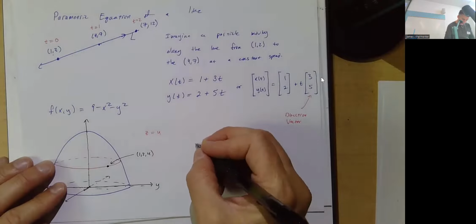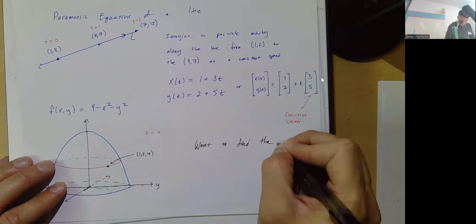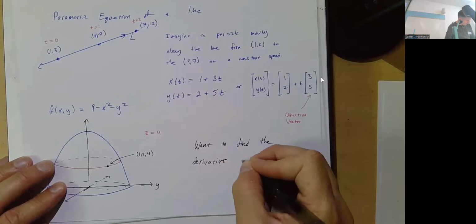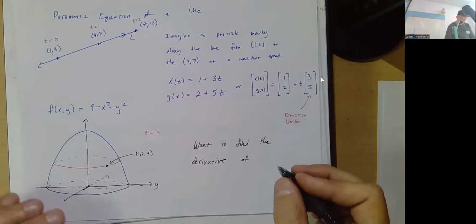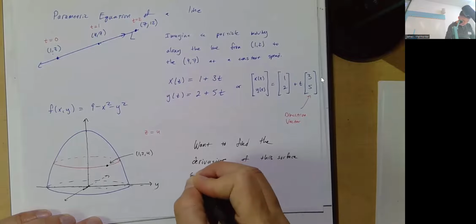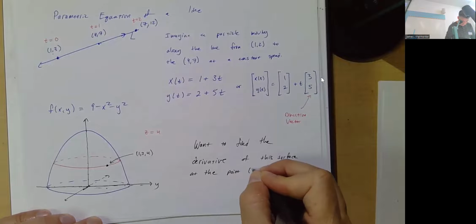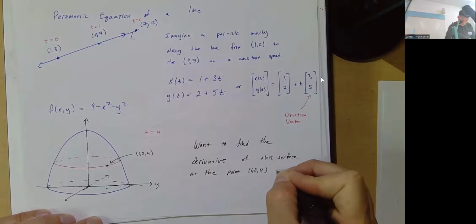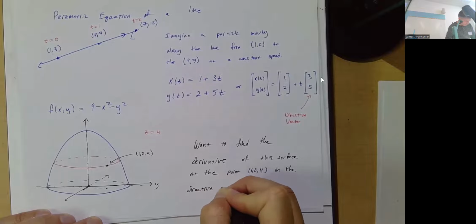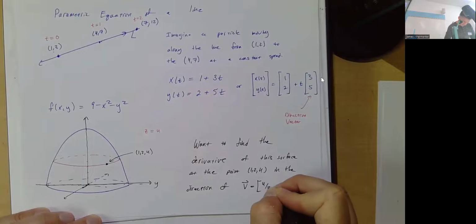So we want to find the following. The derivative of this surface at the point in question, 1, 2, 4, in the direction of the vector v equal to 4/5, 3/5.